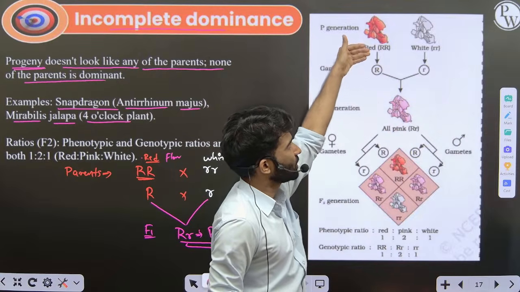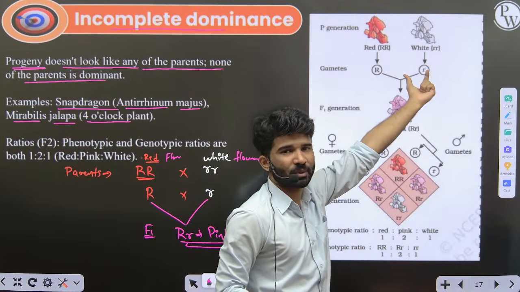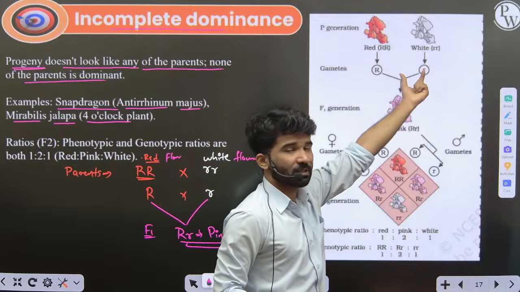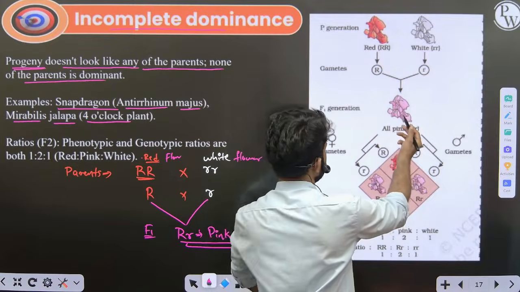The pollen grains reach the ovary, where the gametes will fuse, and then it will produce the flower.